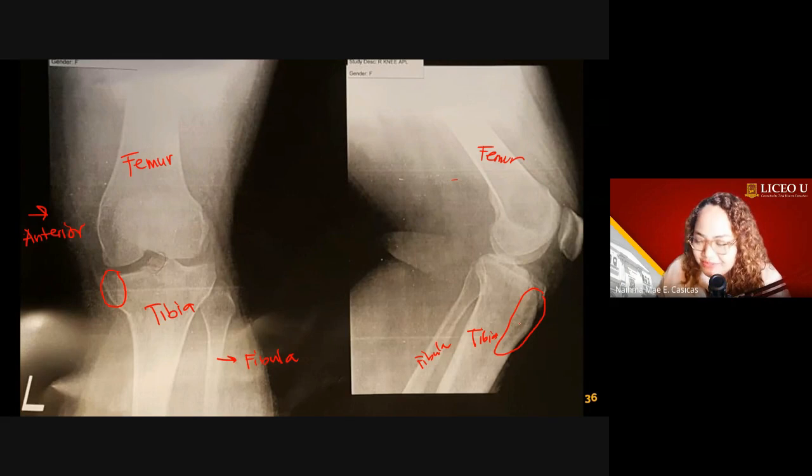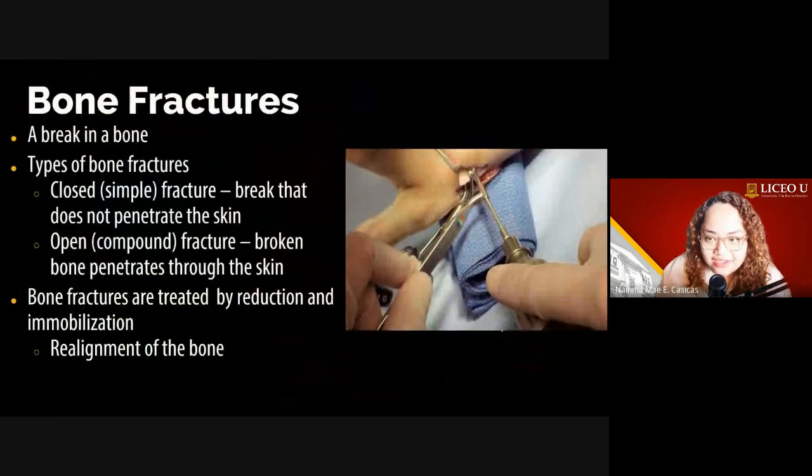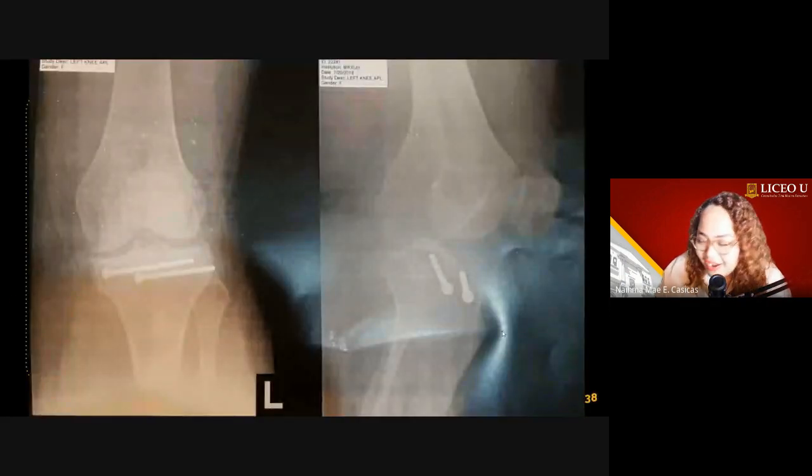So I really fractured my bone. I talked to my orthopedic surgeon, and he told me that I needed surgery. I went into surgery a few days later, and I came out with rods.